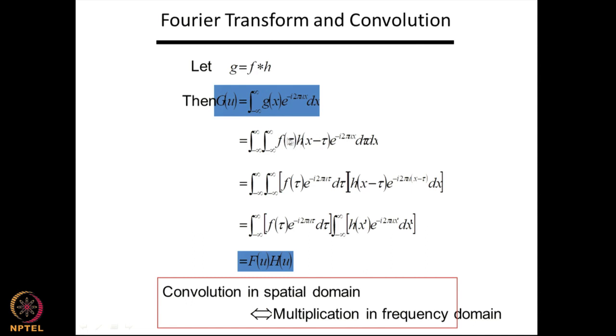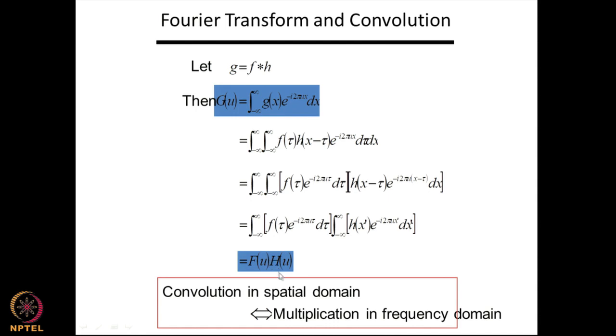So, what we are showing here is the Fourier transform of a convolution. The Fourier transform of a convolution is nothing but the product of the Fourier transforms of f and h. So, this is very useful because whenever you have equations involving convolutions, you can convert them into products of Fourier transforms by taking a Fourier transform, and when I take an inverse transform, I will get the inverse transform of the convolution.